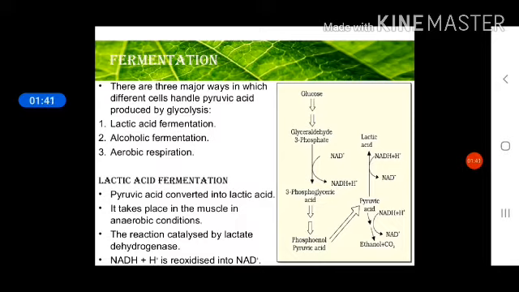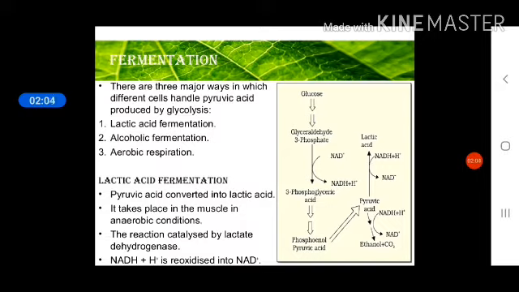But later, when it gets a sufficient amount of oxygen, it completely undergoes breakdown to produce CO2, water, and a large amount of ATP. But up to that point, when the anaerobic condition is there, it is converted into lactic acid, and lactic acid creates pain in the muscle.